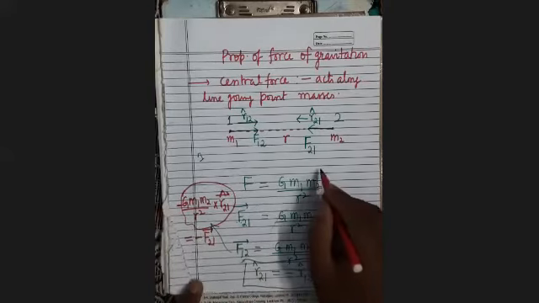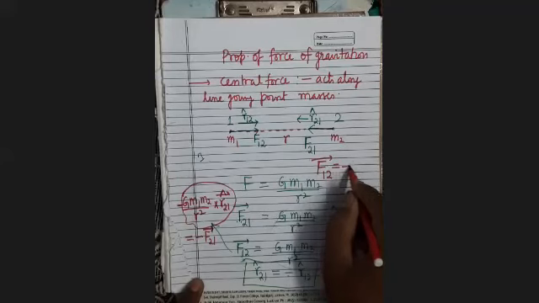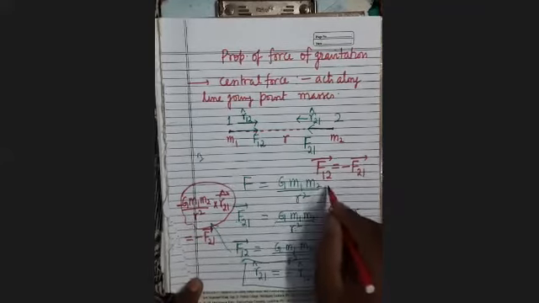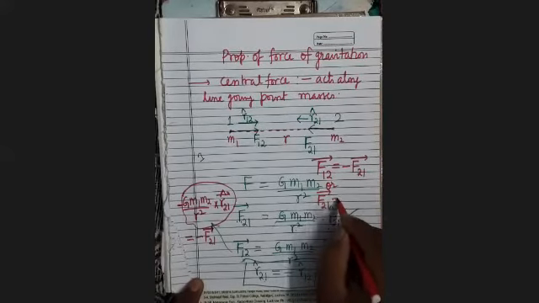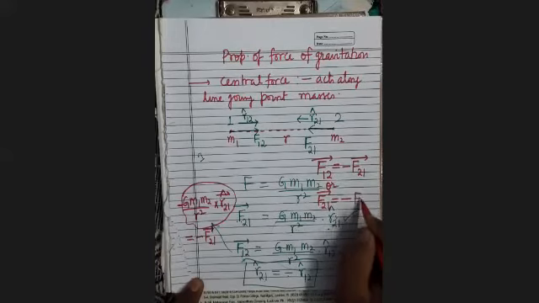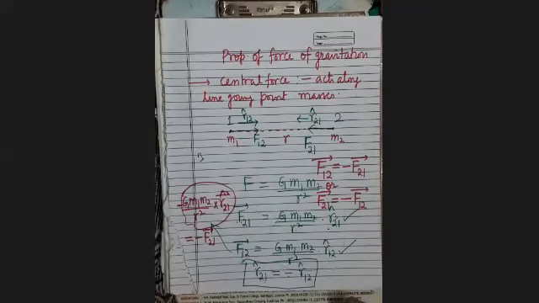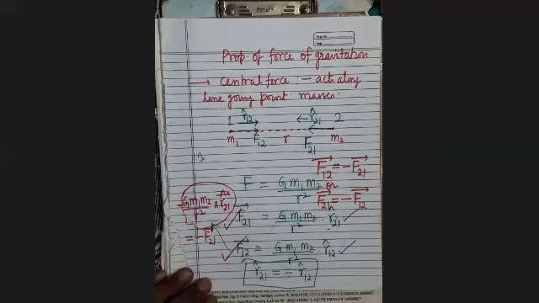From here you can see that vector F12 is negative of vector F21, or vector F21 is negative of vector F12. This is the vector form of Newton's law of universal gravitation.